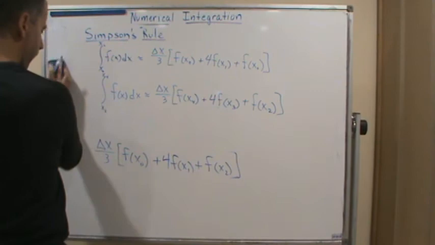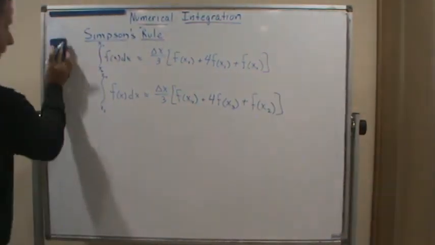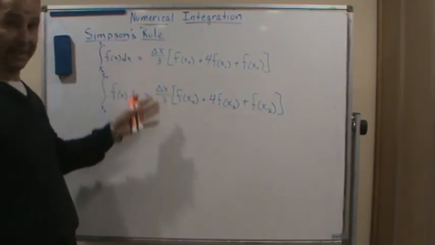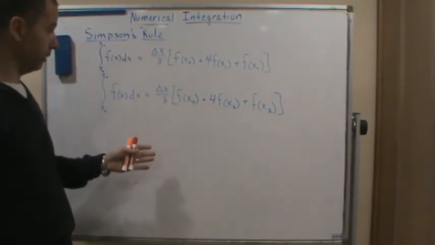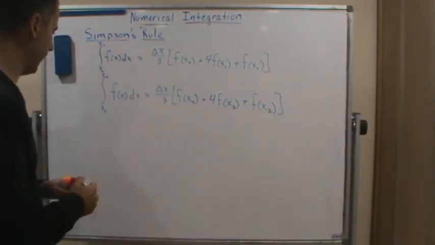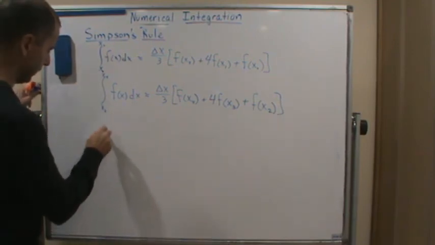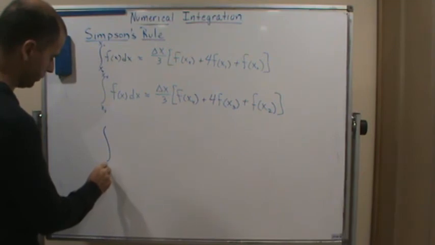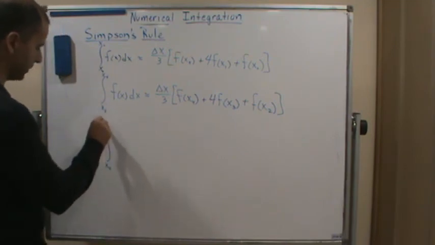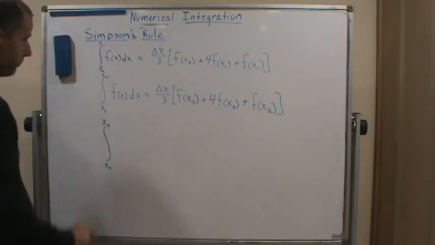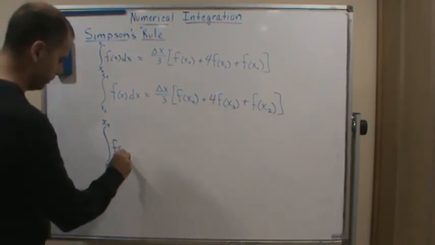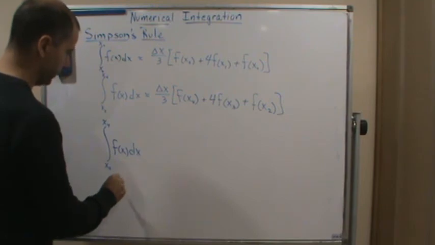So now, here's the end result. Now what we're going to do is add these. What happens when we add these? Because now we're going to get the result if we do 2 intervals and combine them, going from x sub 0 to x sub 4 of f of x dx.